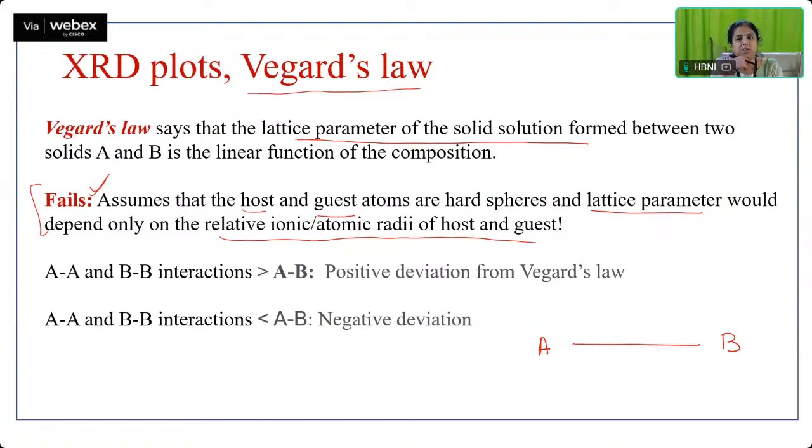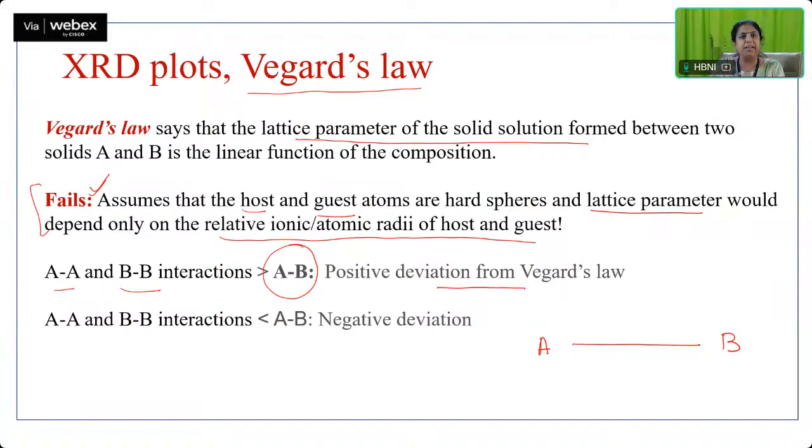There are other interactions happening between the ions. So if your AA and BB interactions are greater than the AB interactions, which will happen in the solid solution when you mix them, you will observe a positive deviation from Vegard's law.